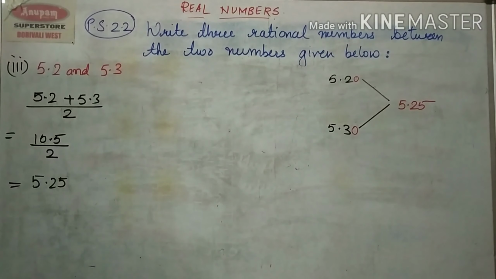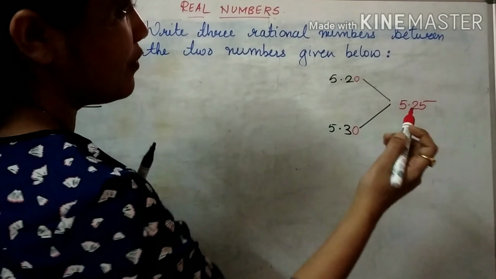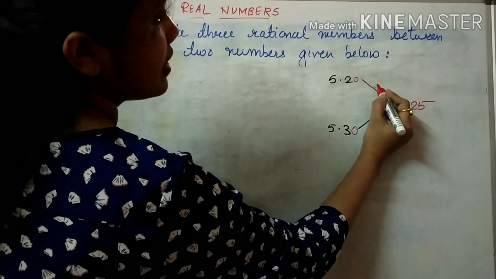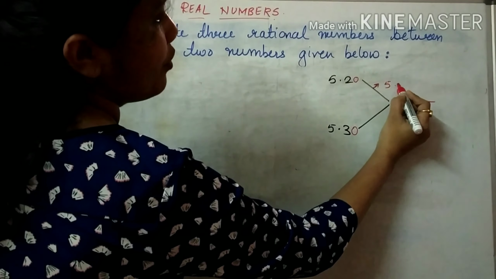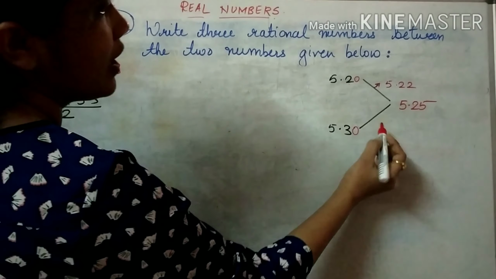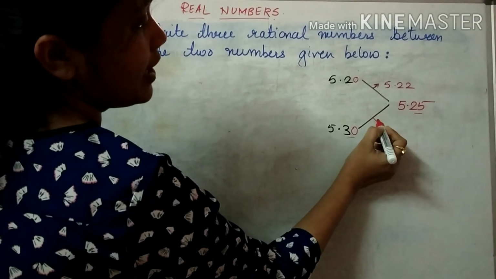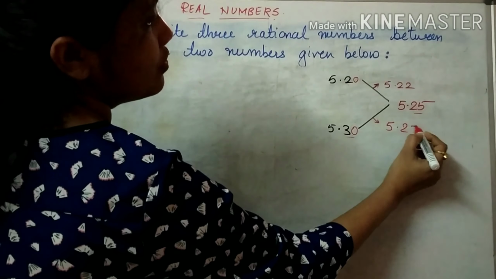I'll choose any 2 numbers out of it because one number I already have. So between 20 and 25, I can take a number, say 5.22. 20, 21, 22, 23, 24, 25, anything. And between 25 and 30, I can take any number, say 5.27.